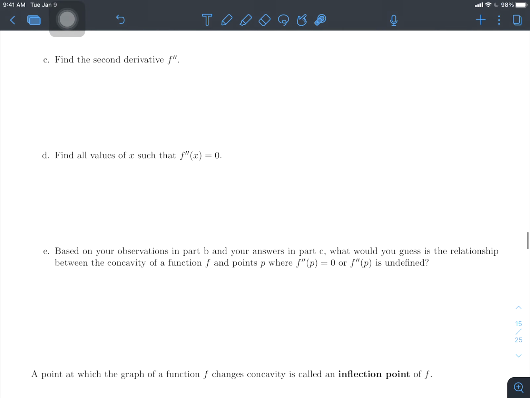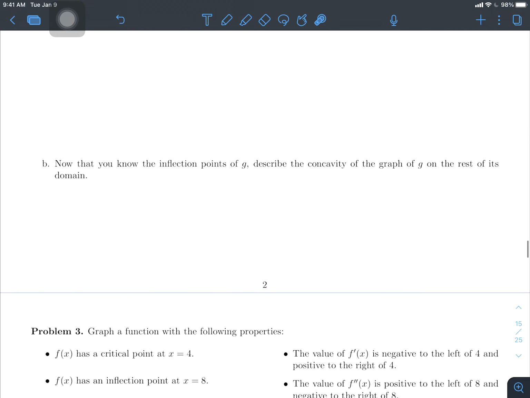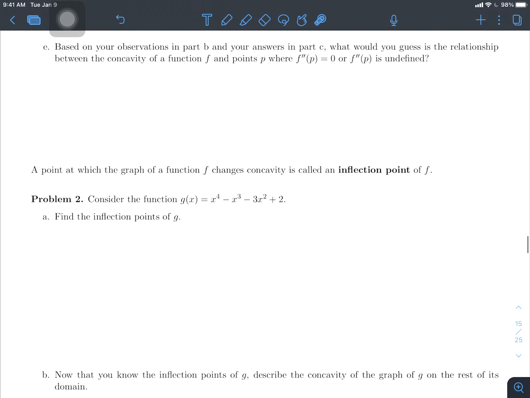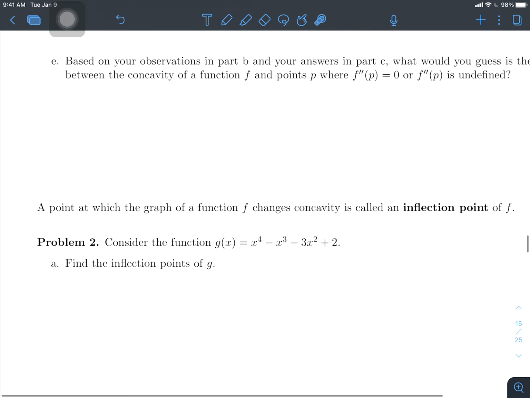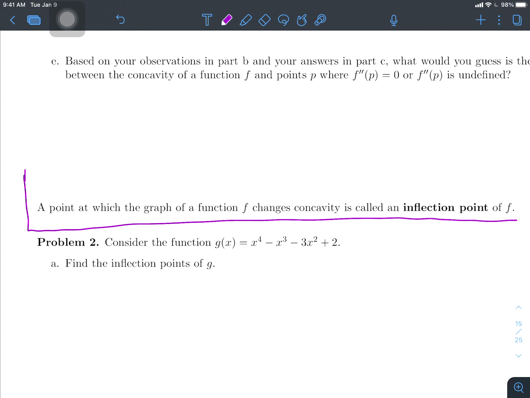So let me just quickly scroll down to this definition here, which is really the entire meat of this section.